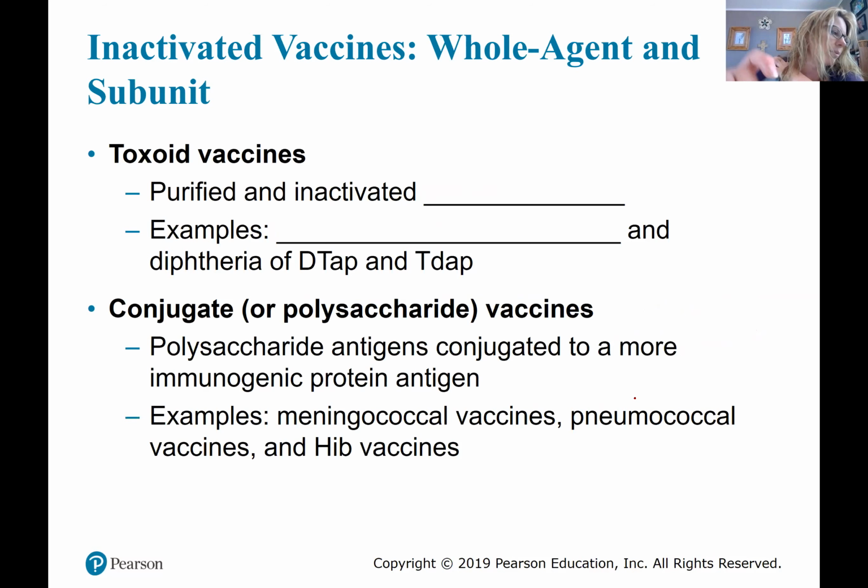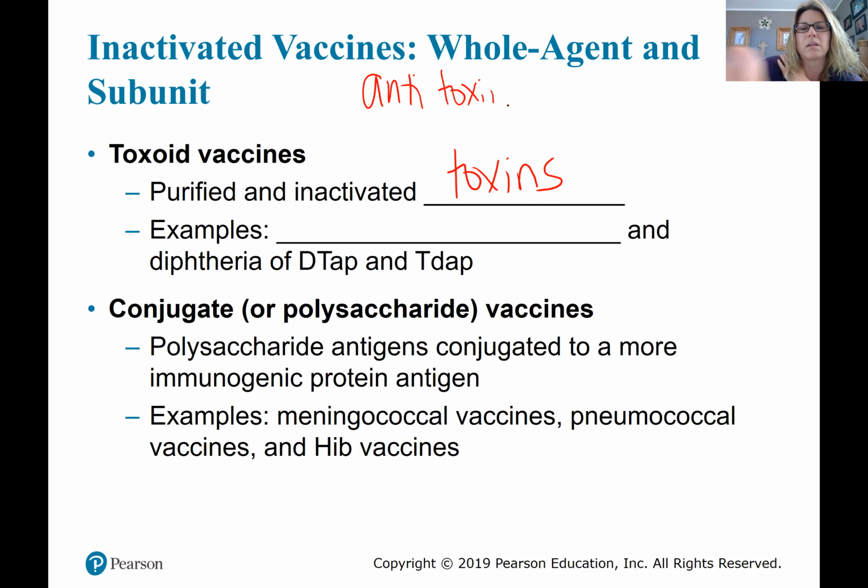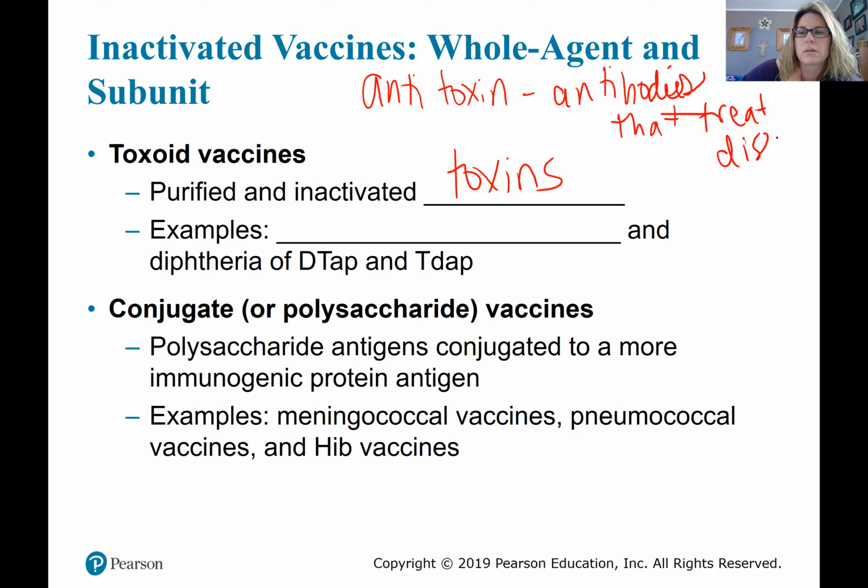Toxoid vaccines are purified and inactivated toxins. Okay, so an antitoxin, we talked about that last chapter, like from an antiserum, like if you get bit by a rattlesnake or something like that, you would be given the antitoxin, which is going to be antibodies that treat disease.